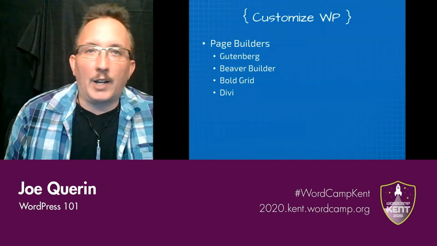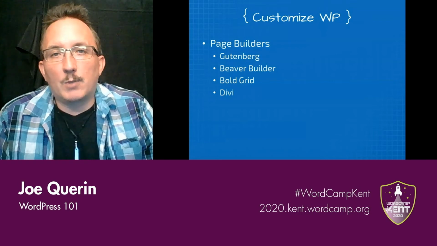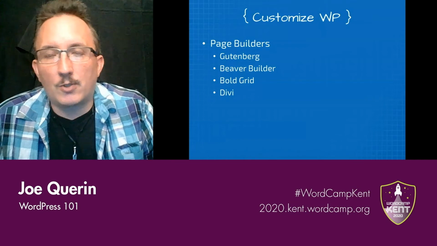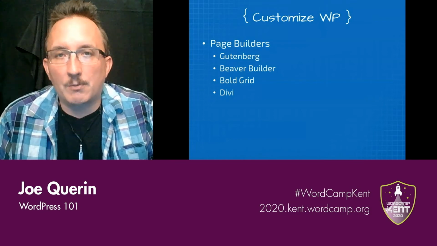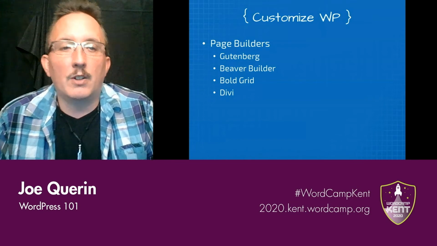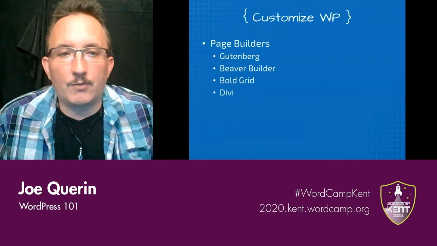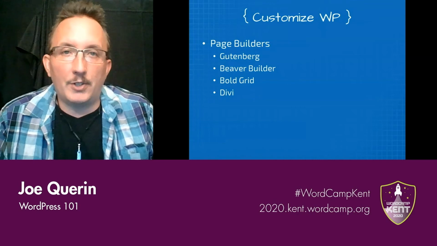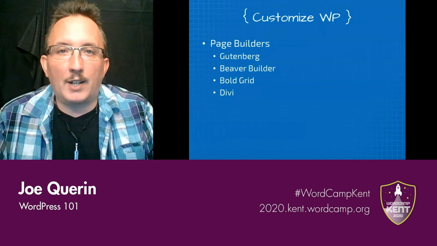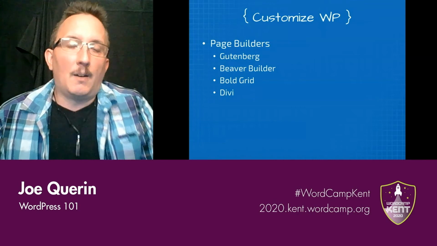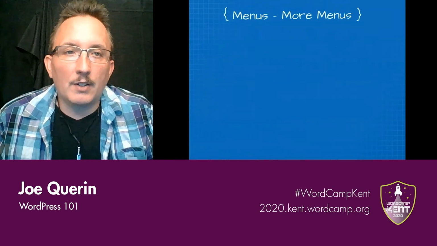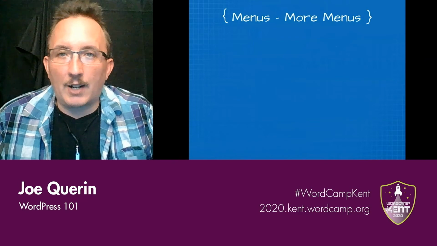But if you're not running version 5 or greater of WordPress, you're still running version 4, and there's a good reason why you need to be running version 4, which really probably isn't a good reason, but you should be running the newer version. But I'm even guilty of running an older version at times. You could actually put Gutenberg into your 4.9 site, your 4.8 site. It's available there. There's also custom field plugins that you can use to create custom fields.